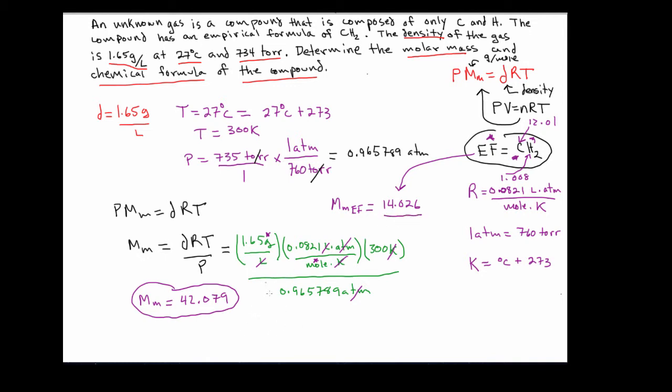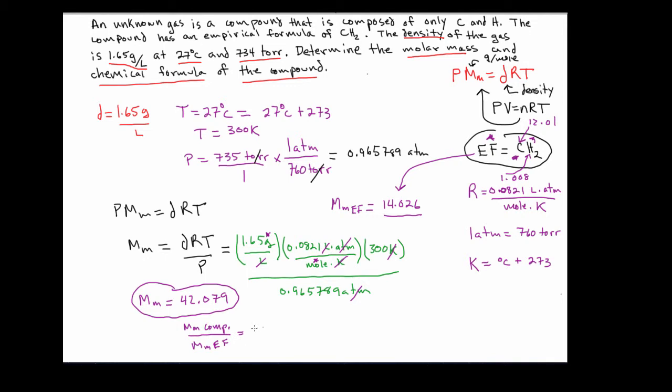So now we're going to take that ratio I was talking about, and the ratio that we want is the molar mass of the actual compound divided by the molar mass of the empirical formula, which is always going to be a smaller number, unless the two values are equal. And in that case, the empirical formula is the molecular formula.